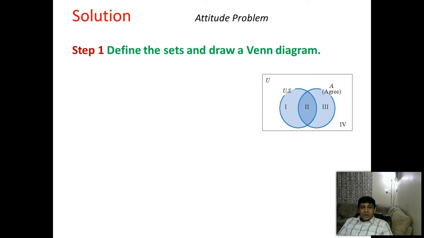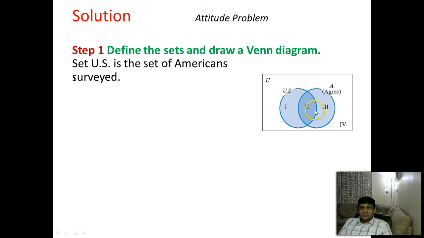A is taken for people who agreed, and US is the US adults. This one is agreed and this one is US. So outside these two circles will be the set of Mexicans.